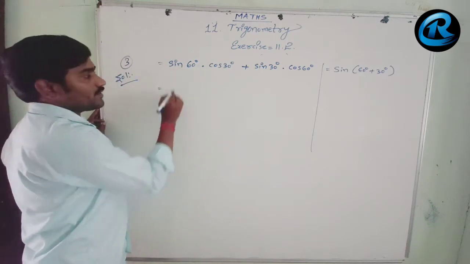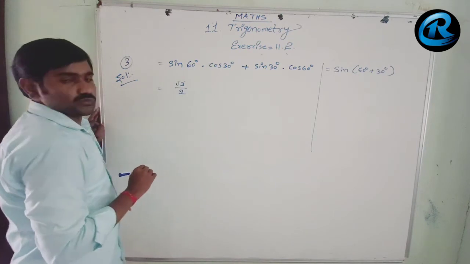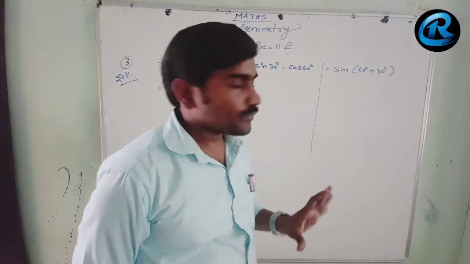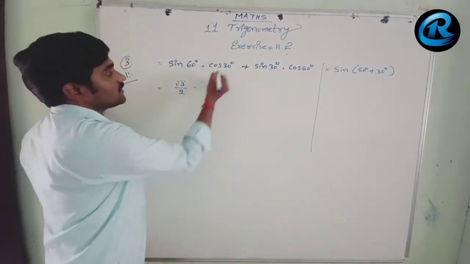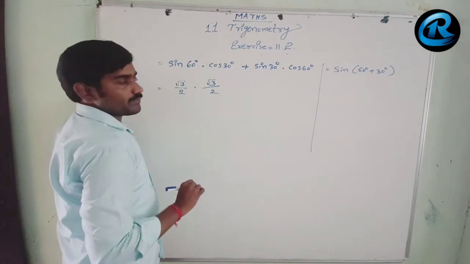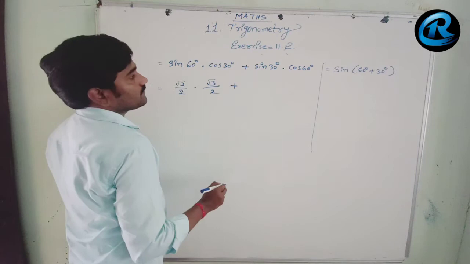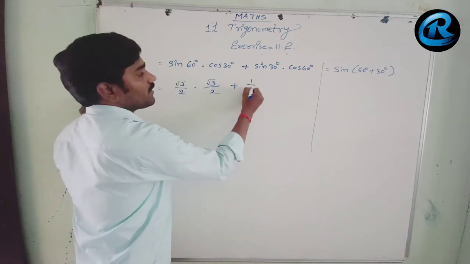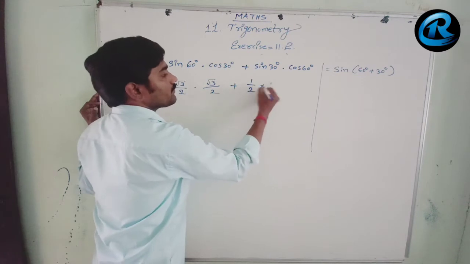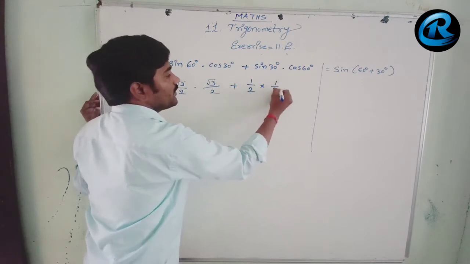Sin 60 degrees is root 3 by 2, and cos 30 degrees is also root 3 by 2. Then plus sin 30 is 1 by 2, into cos 60 degrees, which is also 1 by 2.